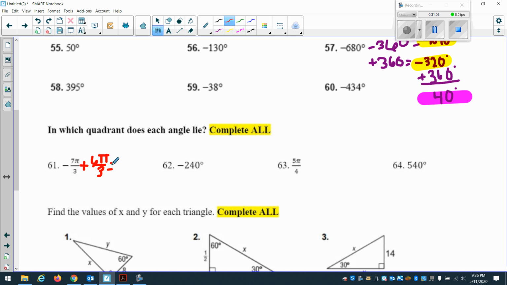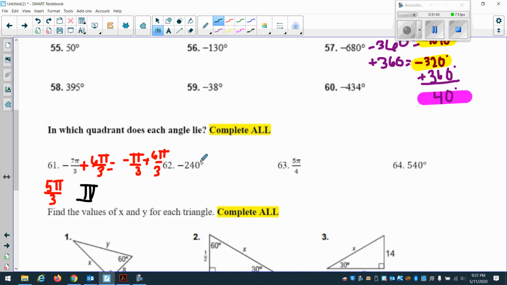So we have to keep going. We still have to add another 6 pi over 3. So you add another 6 pi over 3, and you end up getting 5 pi over 3, which is in quadrant 4. Okay, because that's 300, so it's in quadrant 4.